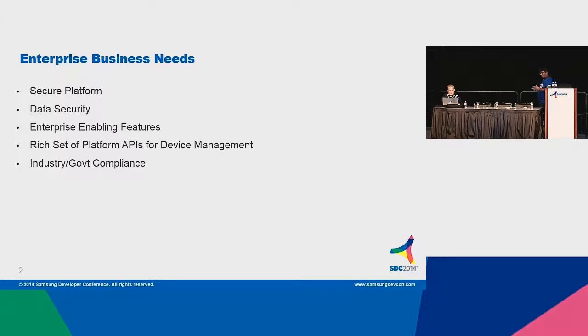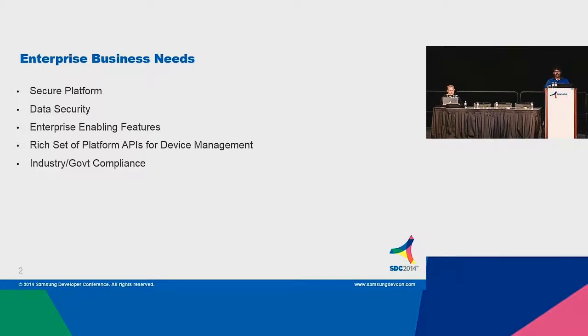To go over the high-level requirements, what we need in the mobile platform is a secure platform. We need to have high data security, and we need to support KNOX enabling features. Also, we need a rich set of APIs wherein an IT admin can remotely control device management.